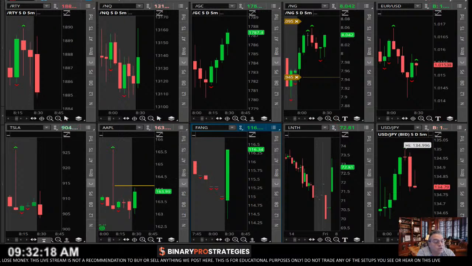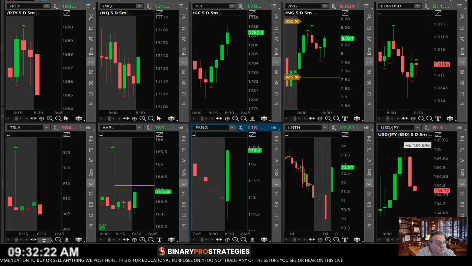Put a little line in there. 164.13 is going to be our trigger to buy Apple.